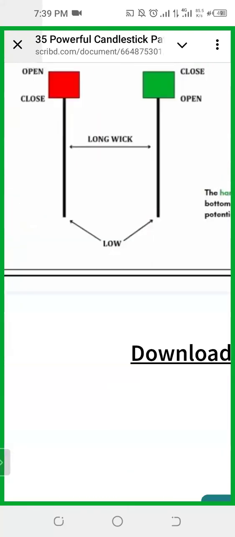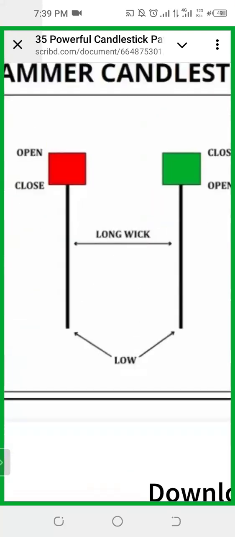It always has a small body and a long tail or a long wick or a long shadow. And the length of that wick, whichever way you call it, tends to be twice or thrice the size of the body.